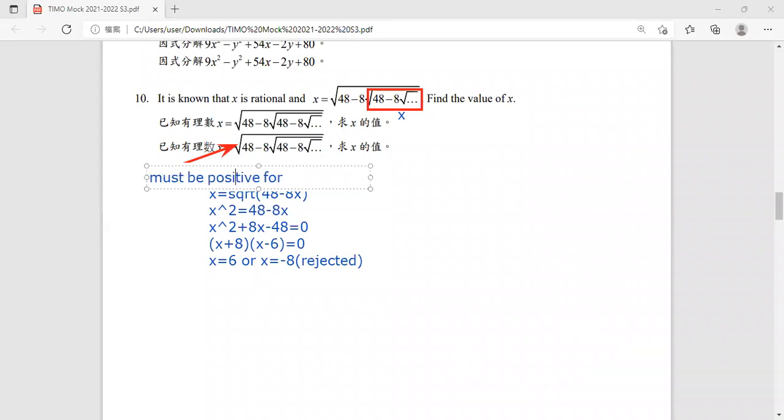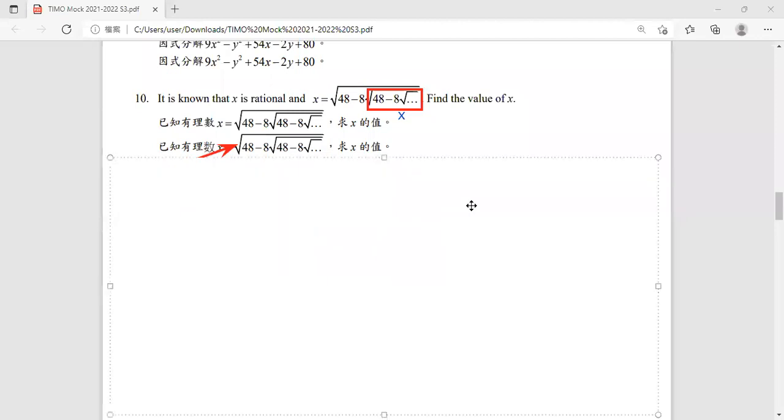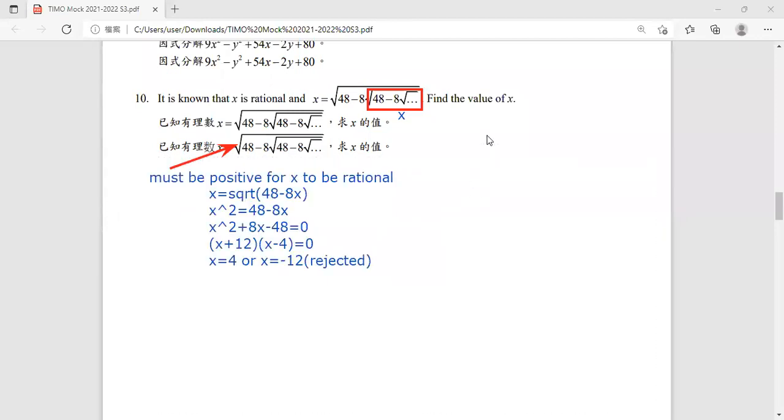My bad, x must be positive, so x is equal to 4. But you know the method, and the method is okay.